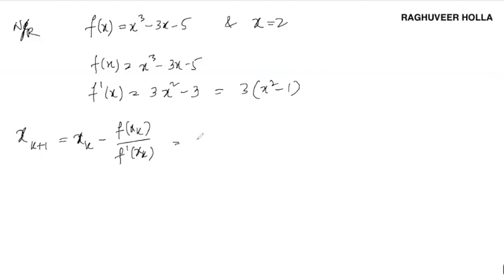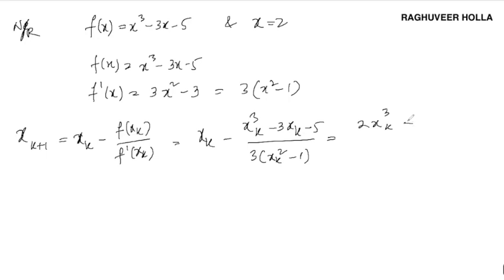We can write this in general form as x k minus (x k cubed minus 3 x k minus 5) divided by 3 times (x k square minus 1), or we can simplify this as (2 x k cubed plus 5) divided by 3 times (x k square minus 1).